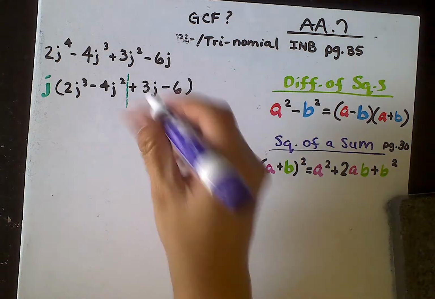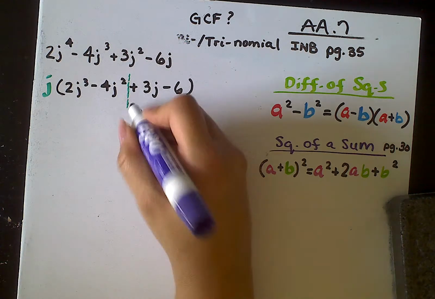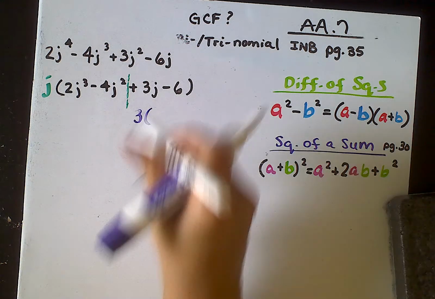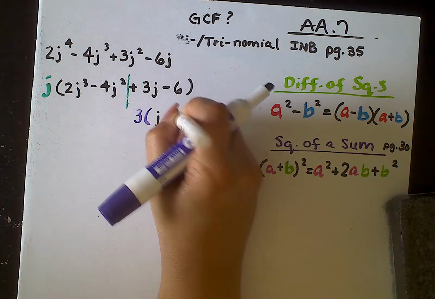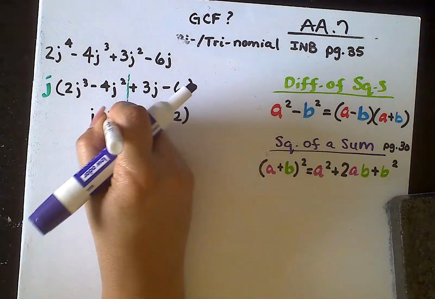So here, I'm going to start over here because they both have a 3 in common. And that would leave me with j minus 2.